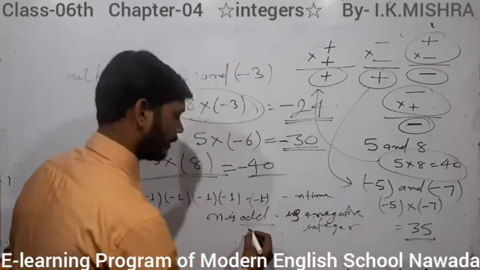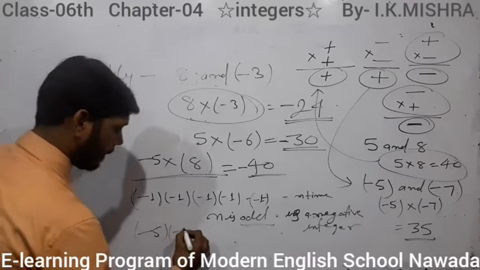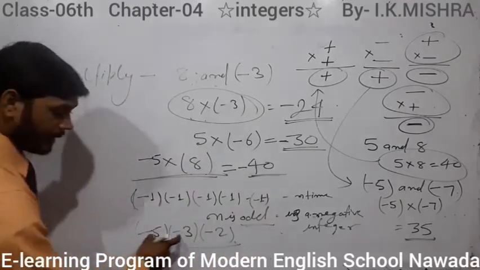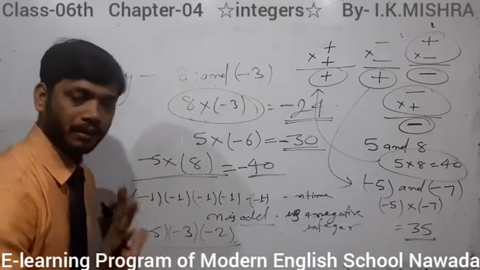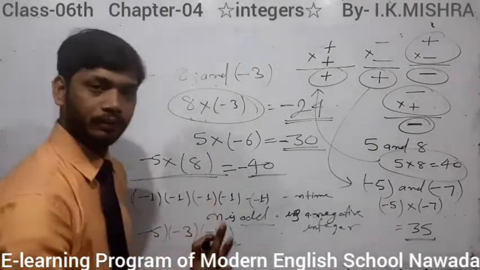Friends, suppose you write minus 5, minus 3, minus 2. Here, students, there are three integers, and 3 is an odd number. So students, its result is negative.